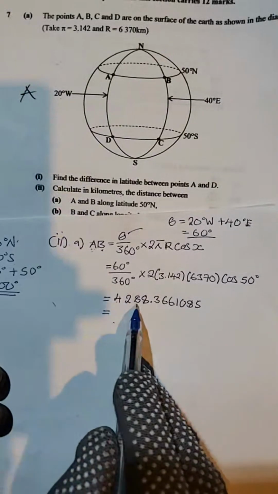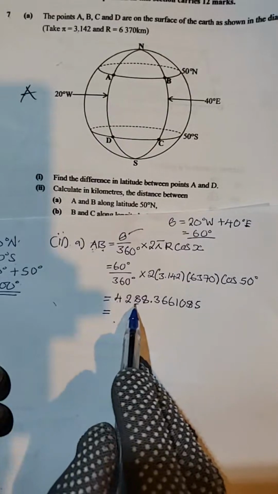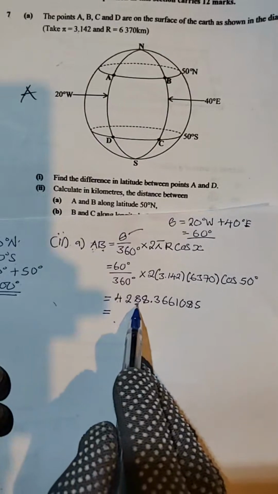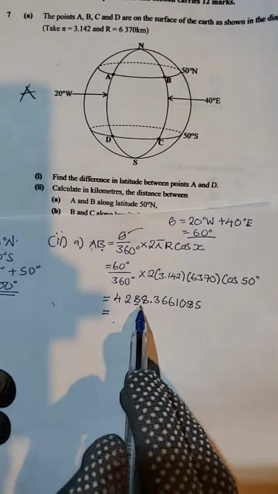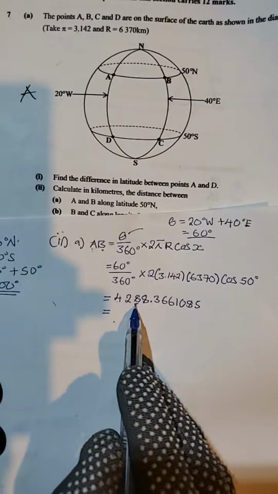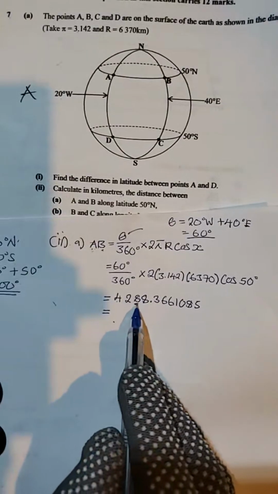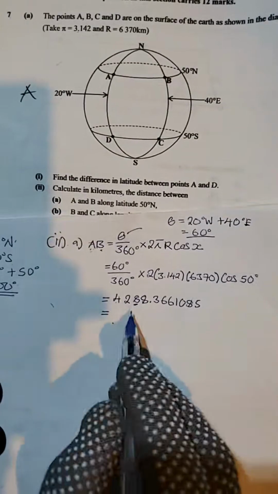So you have 1, 2, 3. This is the third term. The number after this 8 is greater than or equal to 5, so we're going to add 1 to this 8, and this 8 becomes 9.